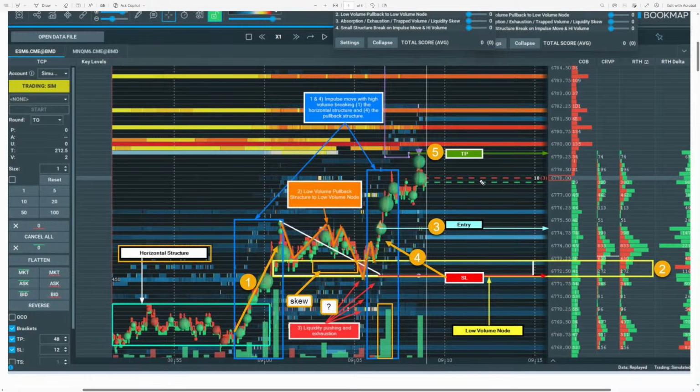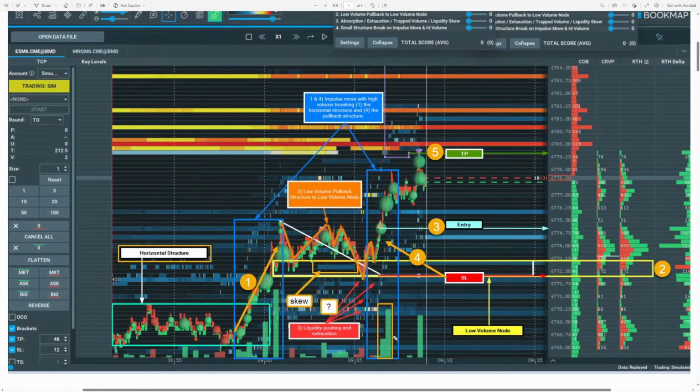And okay, so the low volume pullback, it was a little bit strange for me. The structure is a little bit strange. It's not a wedge, it's not a flag, it's not anything that I know. So it was a little bit confusing. But as I saw the volume of the buyers and this impulse move broke this structure, I decided to come in.